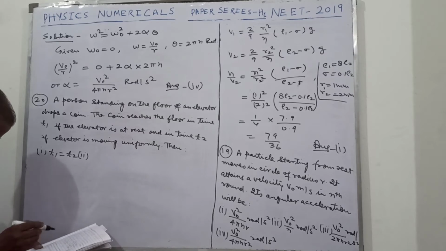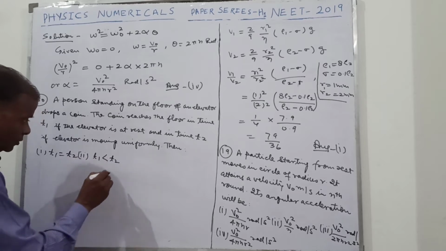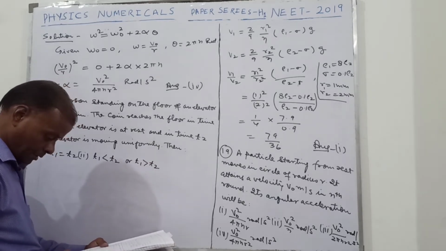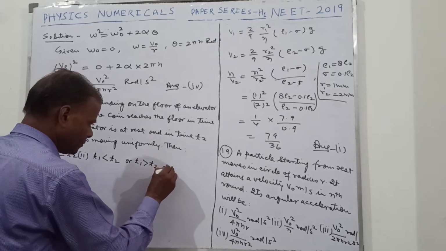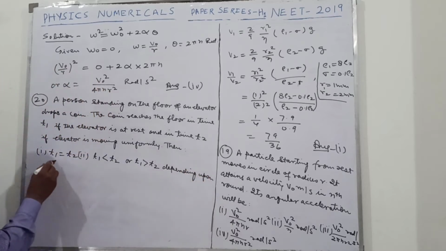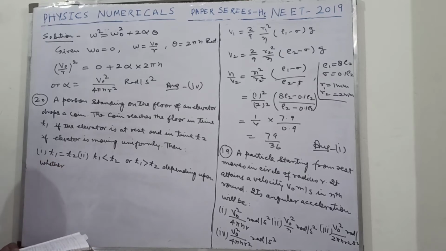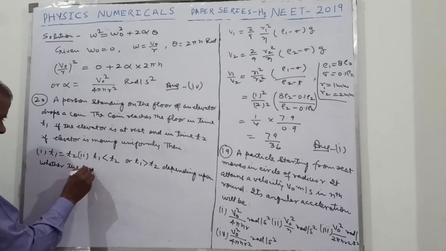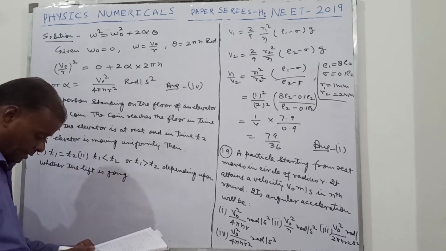Second, T1 less than T2 or T1 greater than T2, depending upon whether the lift is going up or down.